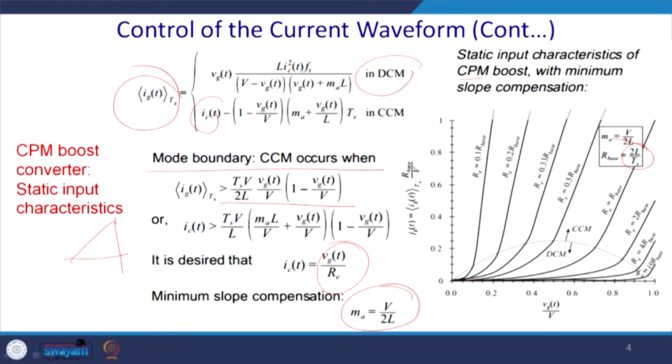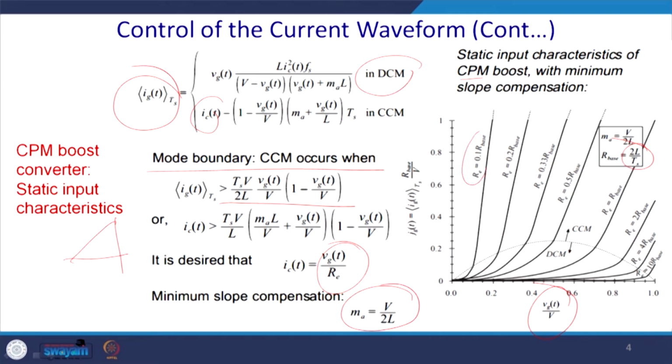So, when the duty cycle is this ratio Vg by V, and this is your current Ig. If you see this ratio, if it is less, up to this is the envelope of the CCM and the DCM; below it will be DCM.